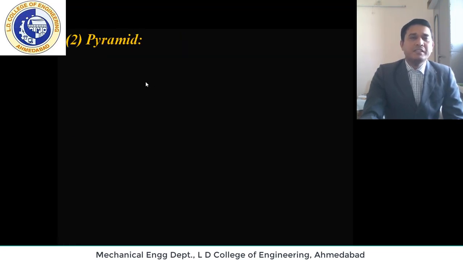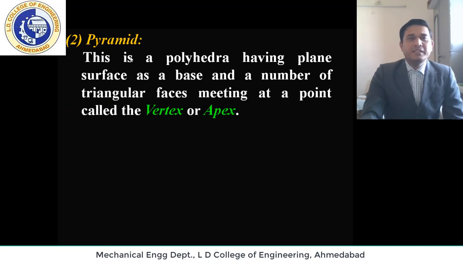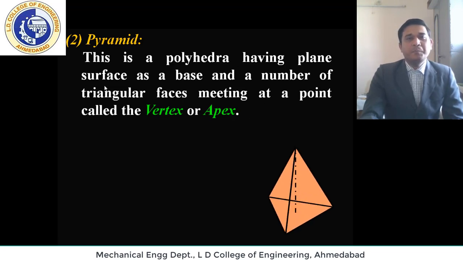Now next we will see the pyramids. A pyramid is also classified under the category of polyhedra, and it has a plane surface as a base. This is the triangular pyramid. The base is a plane having some particular shape, a triangle over here, so it is known as a triangular pyramid.